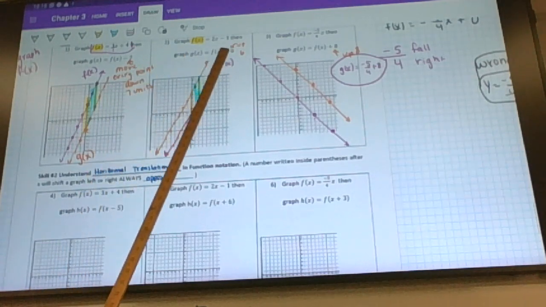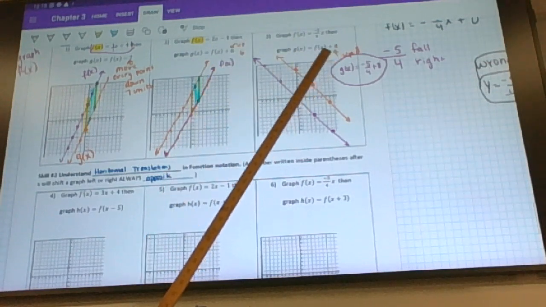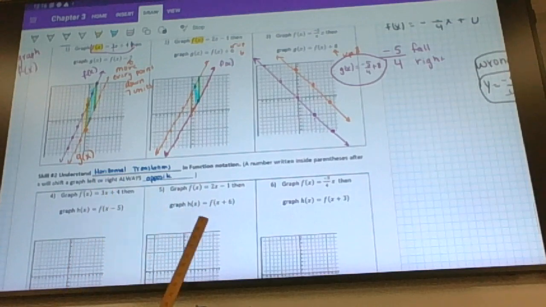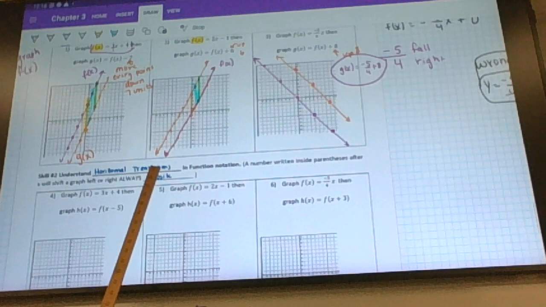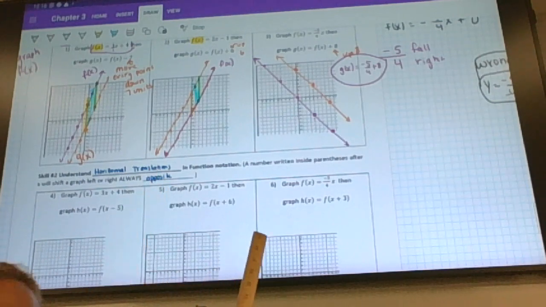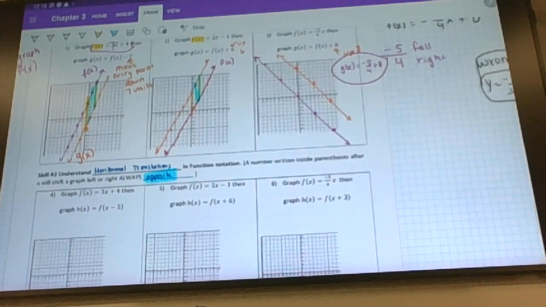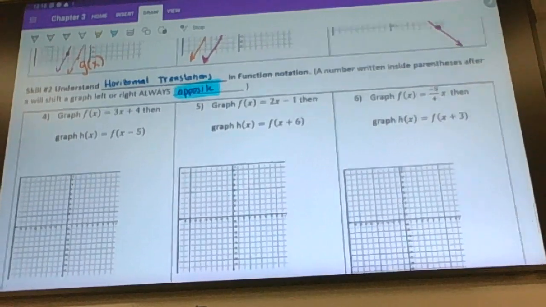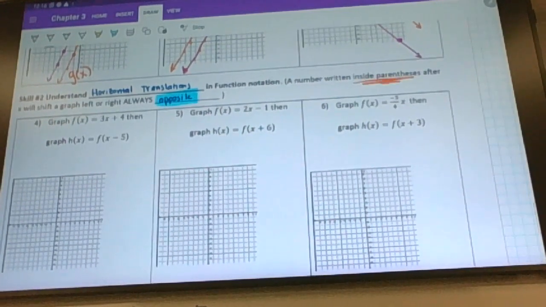The numbers at the end, the numbers at the end. All three of these, the numbers are inside. Inside means move right or left. The crazy thing about inside is that it's opposite of what you think. The word opposite is really important. If you want to highlight the word inside, it's important. It's inside the parentheses. Then you go left or right, opposite.